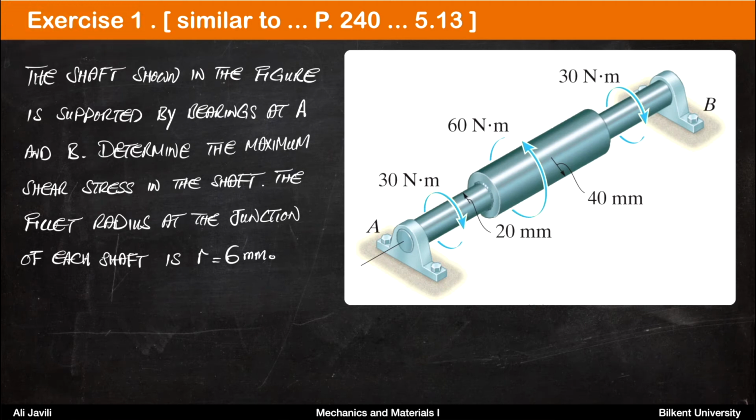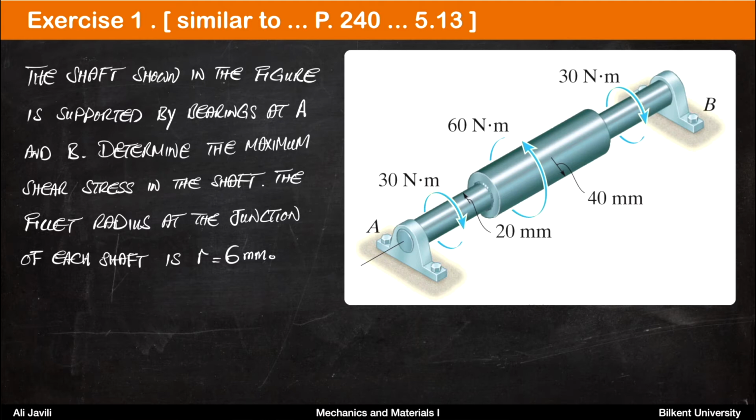Exercise 1 in this lecture is similar to problem 5-13 on page 240 of the book. The shaft shown in the figure is supported by bearings at A and B. So you have two bearings at A and B, and then there is a shaft between the two. Determine the maximum shear stress in the shaft.